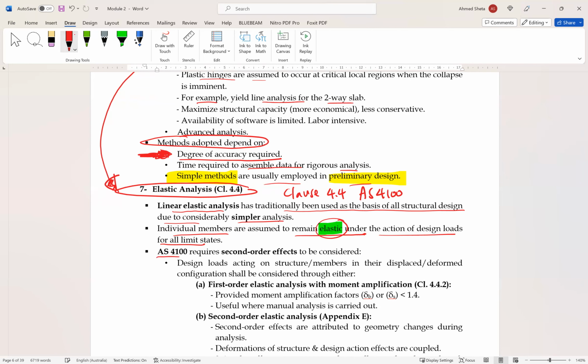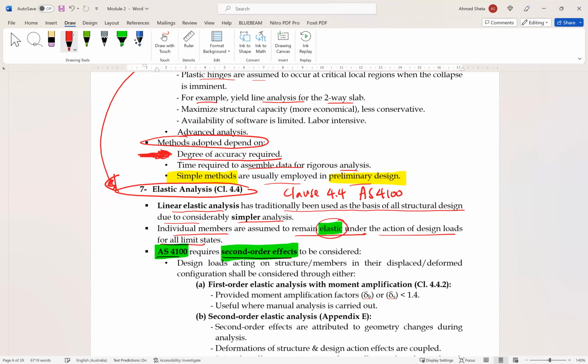The Australian standard requires second order effects. This is an important point here. So the Australian standard requires second order effects to be considered in designing of steel structures.